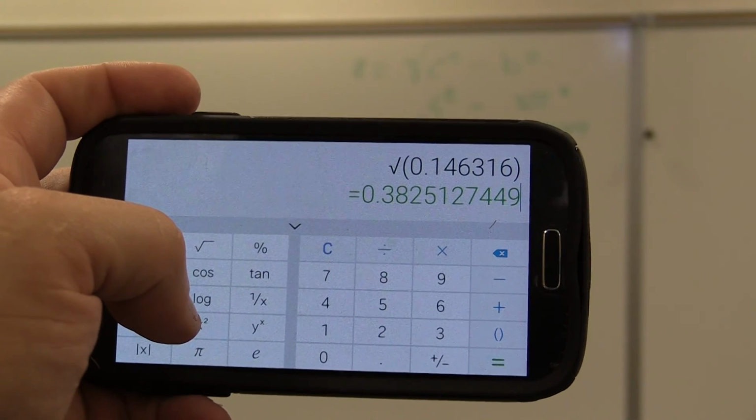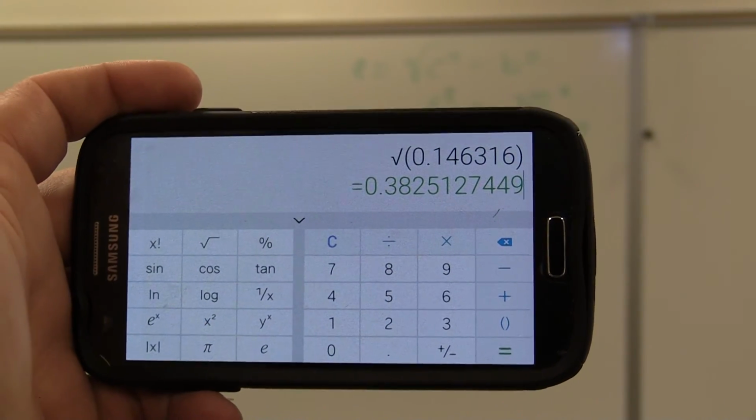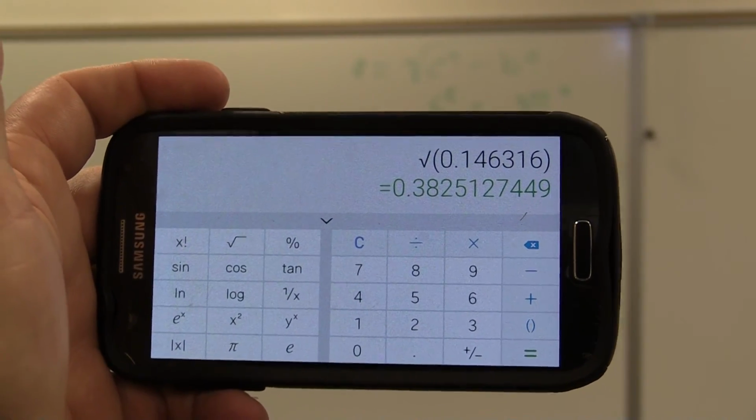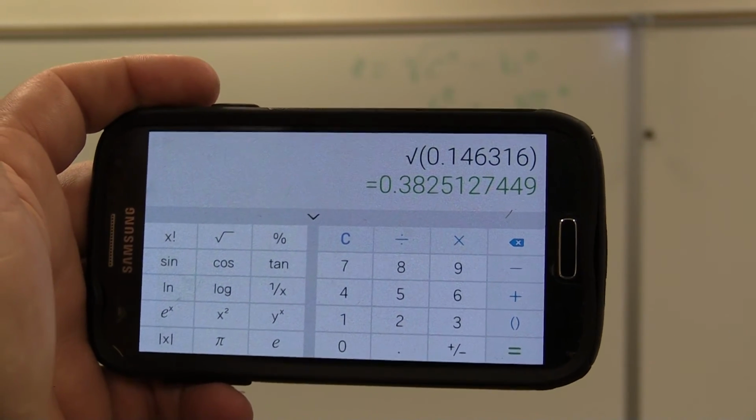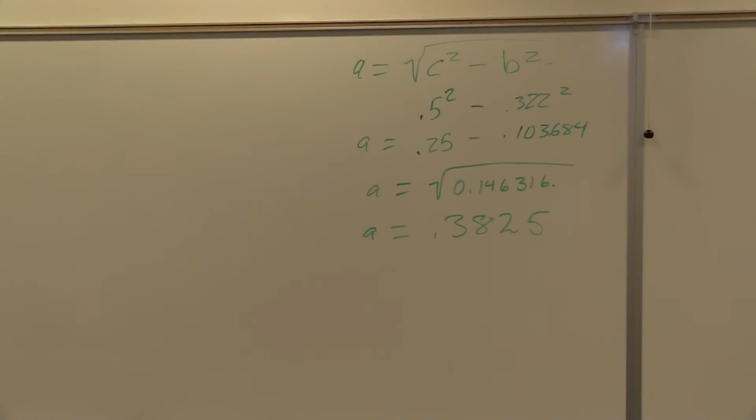See how I did that on just a normal calculator? Well, this one's a scientific at this point. Okay? Square root of that number is equal to 0.3825. There's our answer. It's corrected and checked. Now this equation is going to come back into play here in a few minutes as well. Okay?